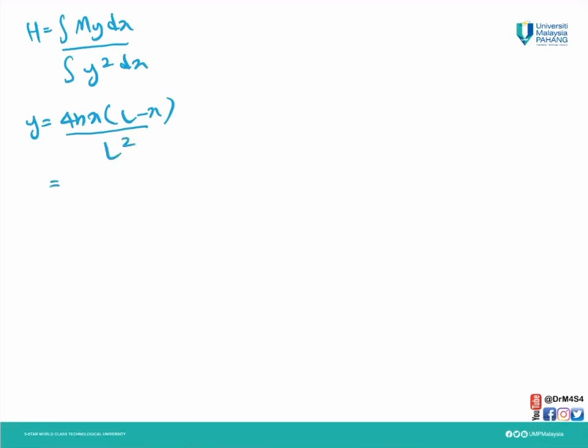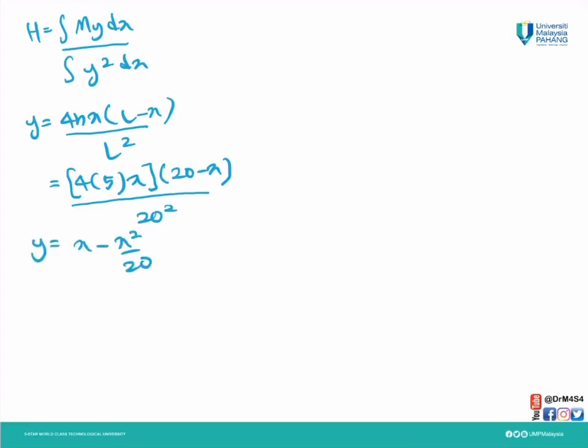We know our L is 20 and our h is 5 meter. So 4 times 5 times x times 20 minus x divided by 20 power of 2. Then we have our y. So that's for our y.